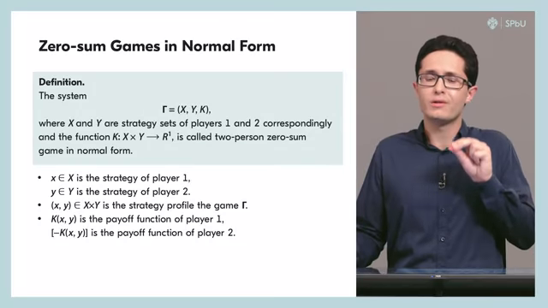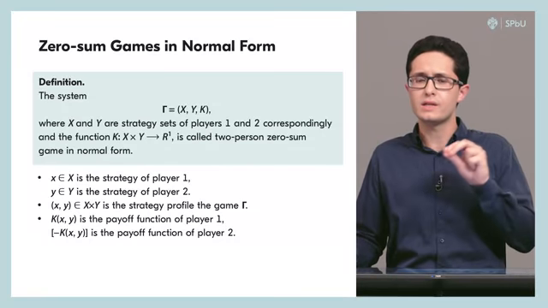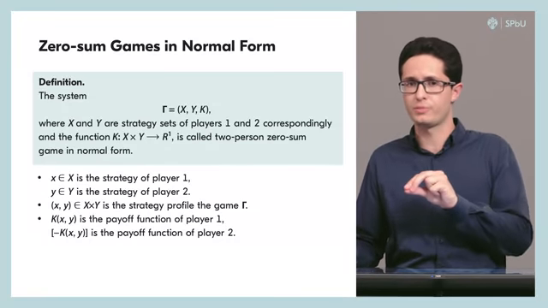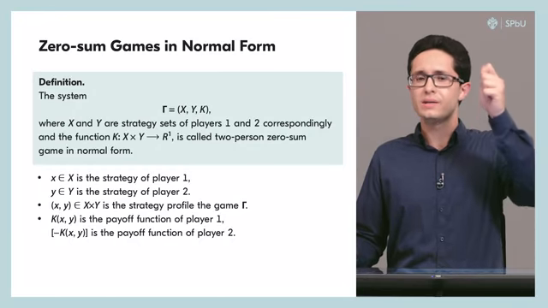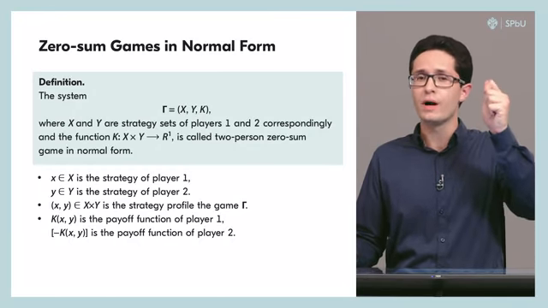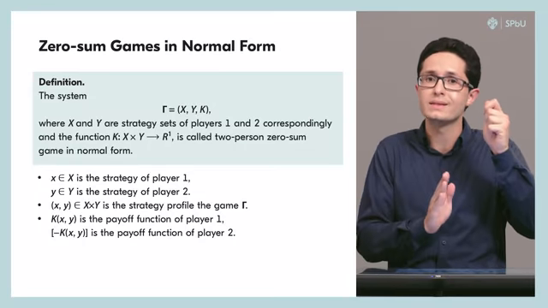And since we consider a zero-sum game, the payoff of the second player is equal to minus the payoff of the first player. Because we suppose that the first player tries to maximize his utility or his payoff, and the second one tries to minimize it or acts against him.